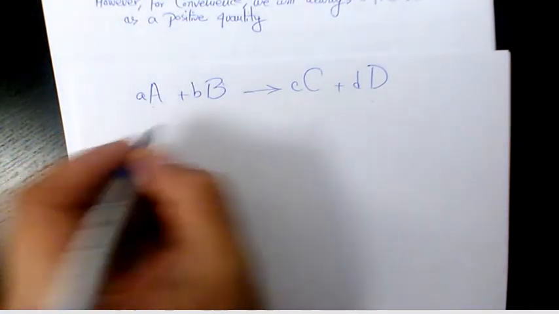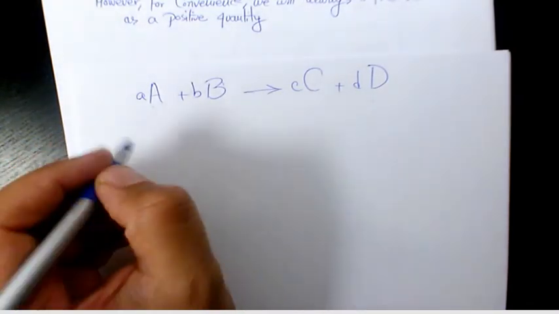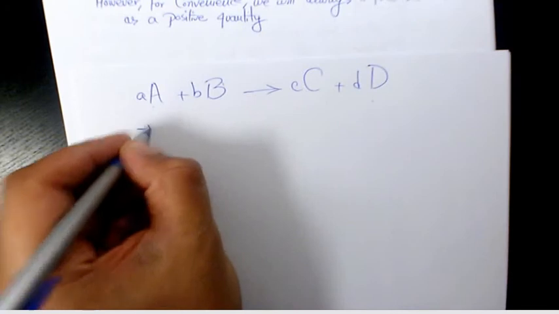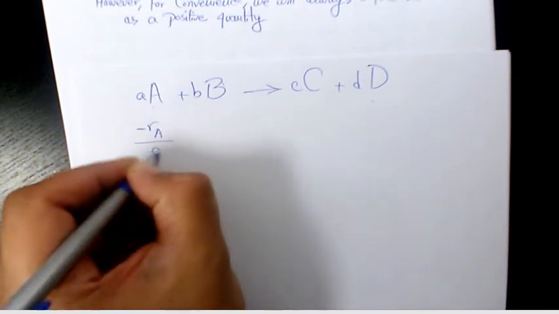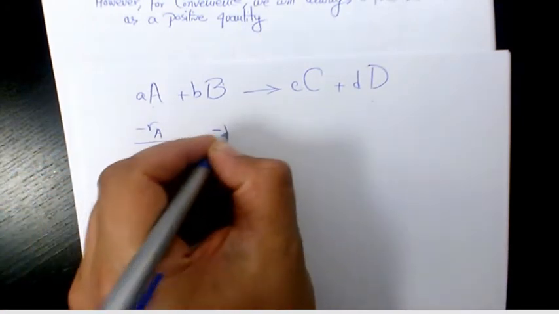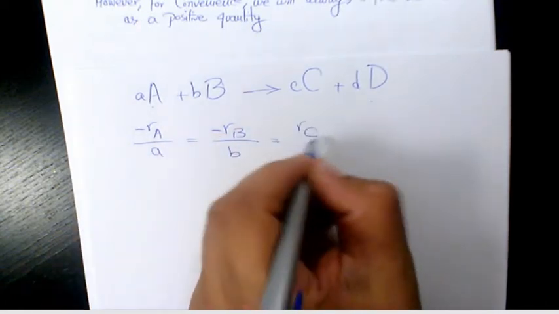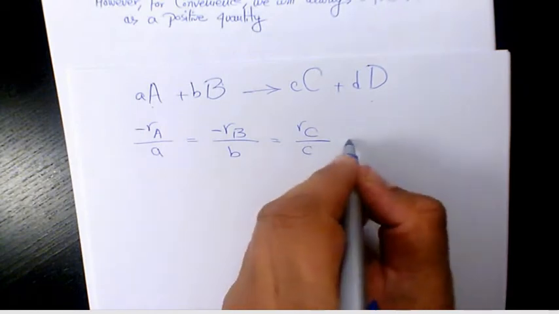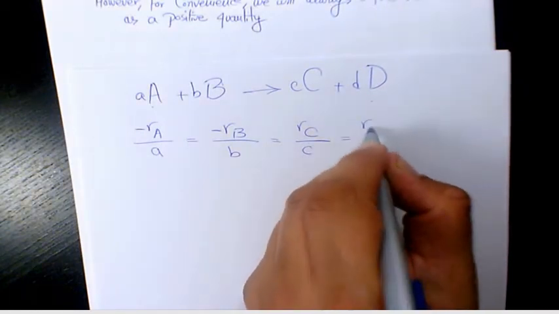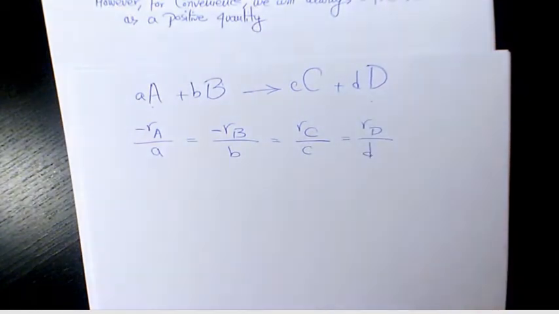So we can find a relationship between these rates. We can say negative RA divided by a equals negative RB divided by b equals rate of reaction of C divided by c equals rate of reaction of D divided by d.